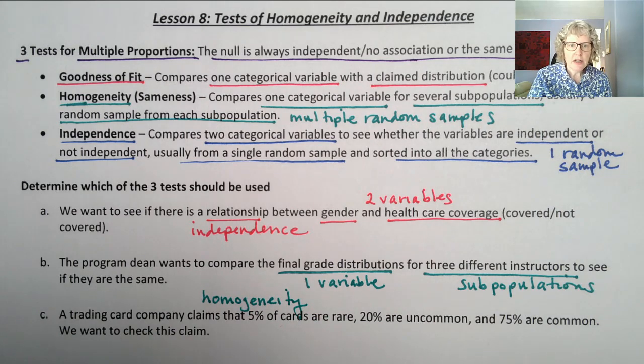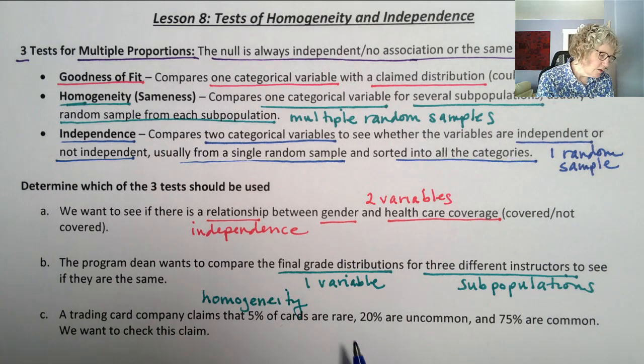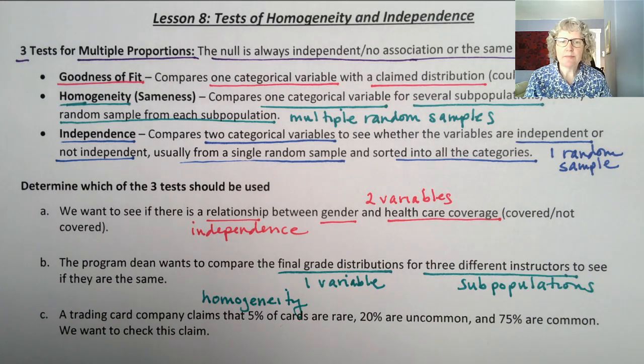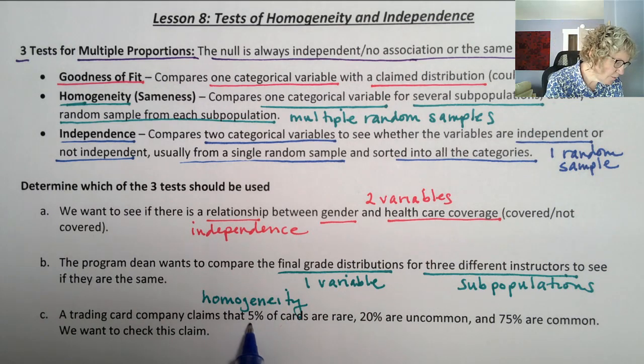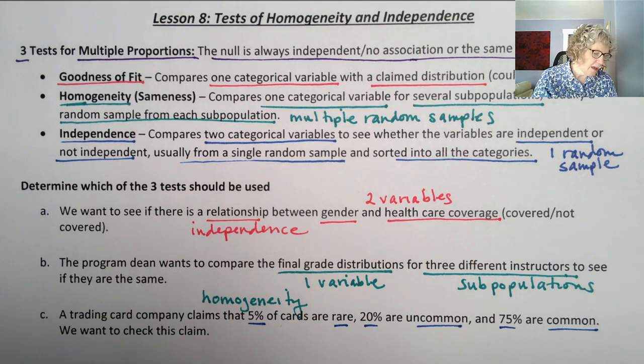A trading card company claims that 5% of cards are rare, 20% are uncommon, and 75% are common. We want to check this claim. Okay, so here we're given a distribution, right? They're saying 5% is rare, 20% is uncommon, 75% is common. And probably we're going to have to get a sample of these cards and compare that distribution with this claimed distribution, right?